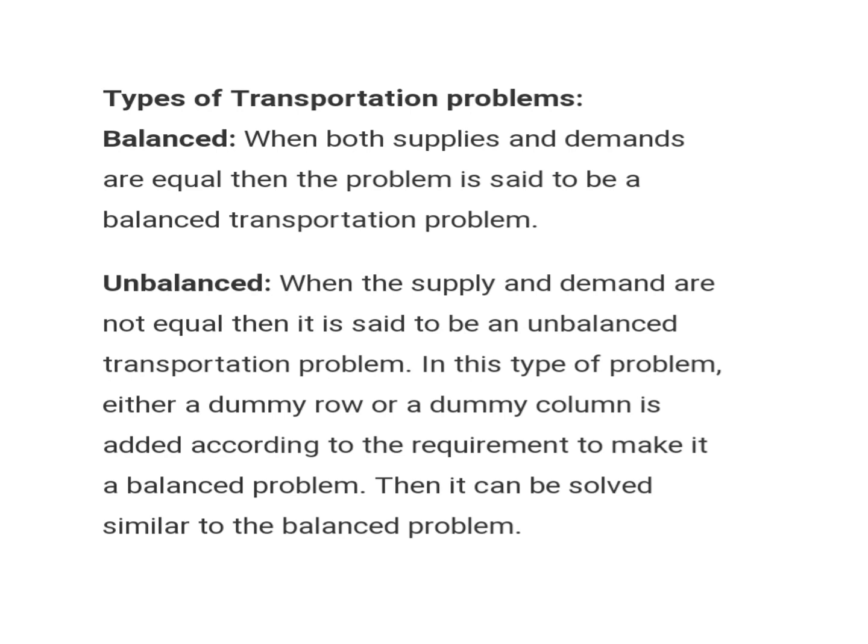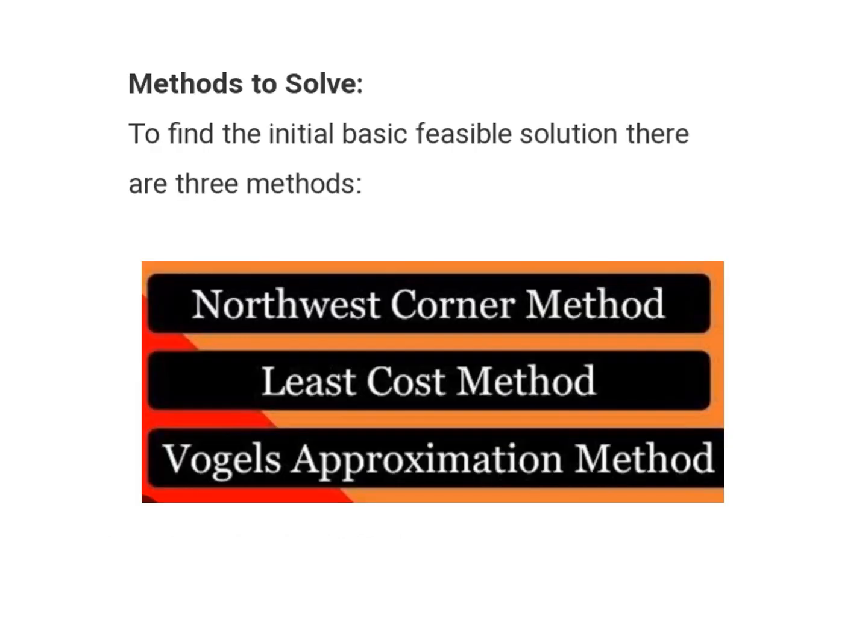In this type of problem, either a dummy row or a dummy column is added according to the requirement to make it a balanced problem. Methods to solve the transportation problem are the northwest corner method, least cost method, and Vogel's approximation method. Using these three methods, we can find the initial basic feasible solution.